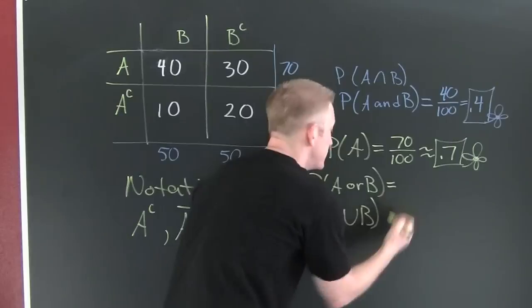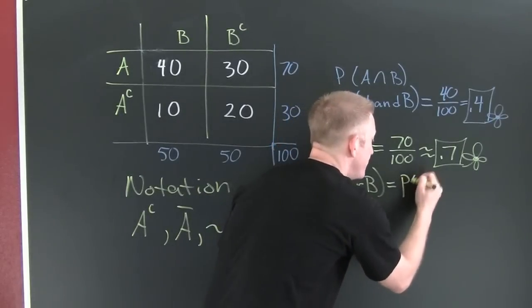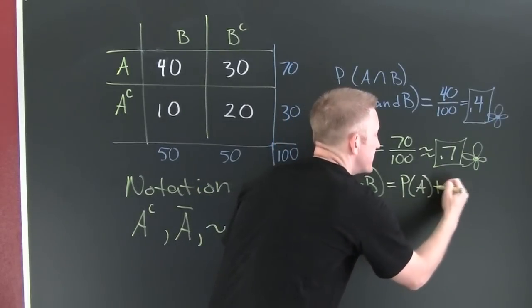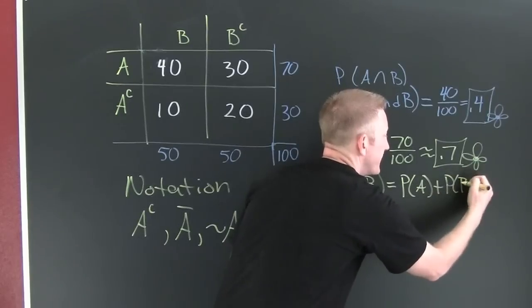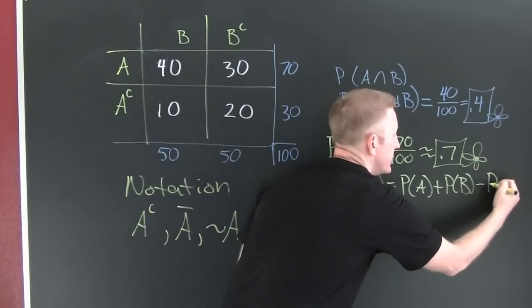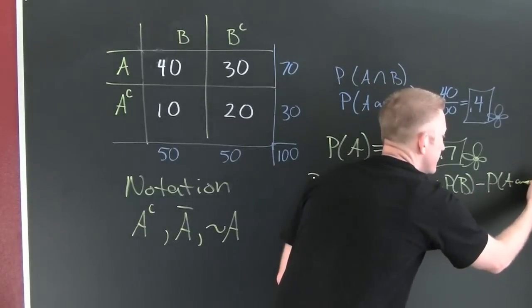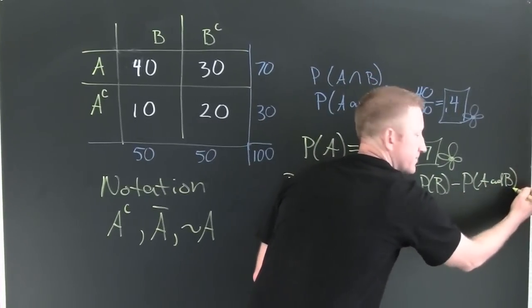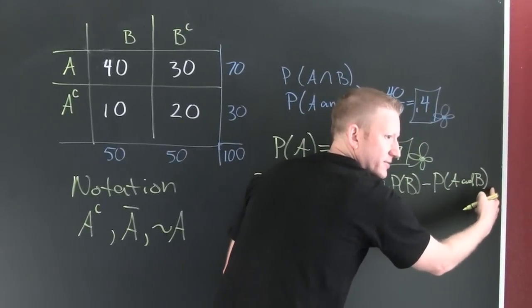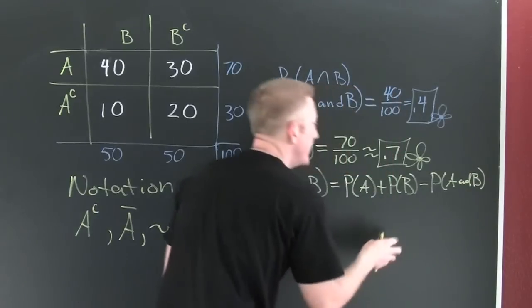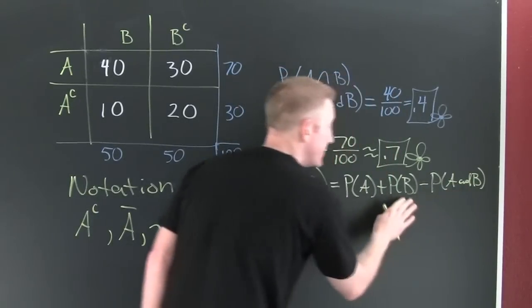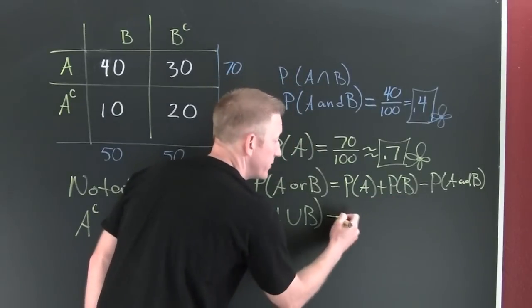In either case, this is going to be the probability of A plus the probability of B minus the probability of the intersection A and B. That's the joint probability, and these are the probabilities of each one of those individually.